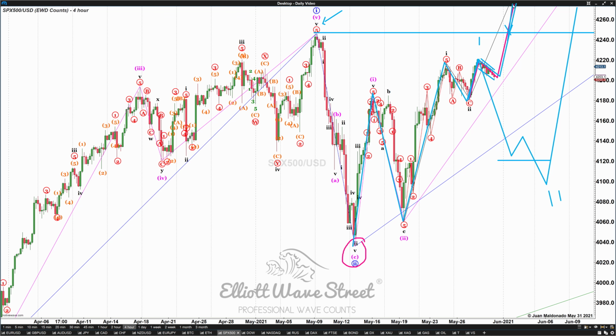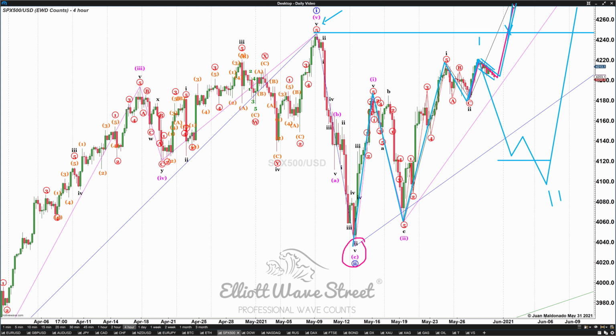We are going to be around this previous institutional area, and from here is where it can start climbing. 1, 2, 3, 4, 5, moving up the dollar. So I'm bullish on the dollar this week, and that could cause the New Zealand dollar and the euro to go lower, the dollar yen to go higher. I'm looking for a buy trade on the dollar yen. So that will be the plan for this week.